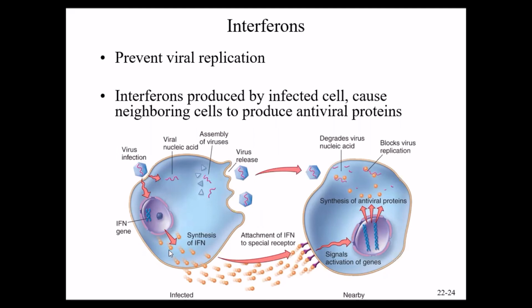But in the meantime, this cell has turned on a gene in the DNA of the cell called an interferon gene that produces this chemical called interferon. It gets secreted like a paracrine or an autocrine type chemical. It gets secreted out of the cell, and neighboring cells can have a receptor for this interferon.